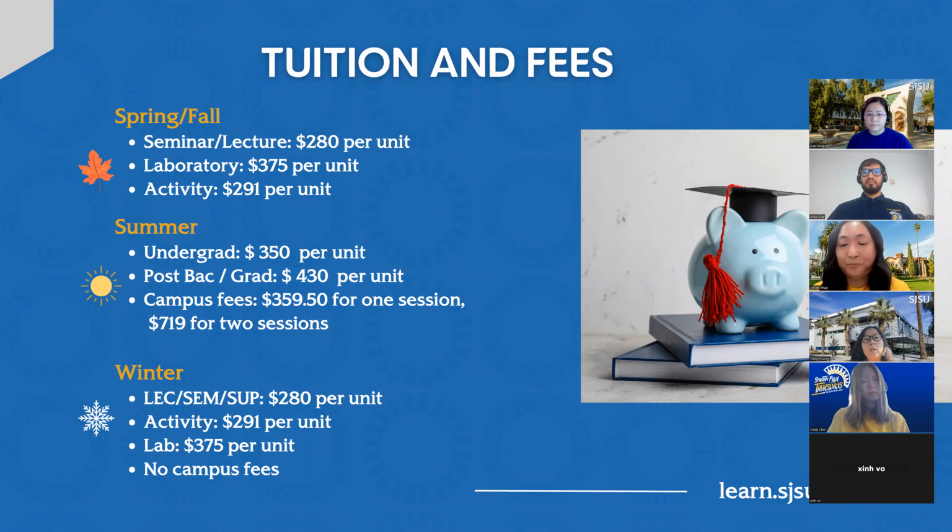Therefore, as an Open University student, you have an advantage over matriculated students in that you don't have to pay this type of fee. For the winter, similar to spring and fall, you will pay $280 per unit for lecture, seminar, or supervision. The activity costs $291, while the lab costs $375 per unit. And there will be no campus fee charged for the winter.